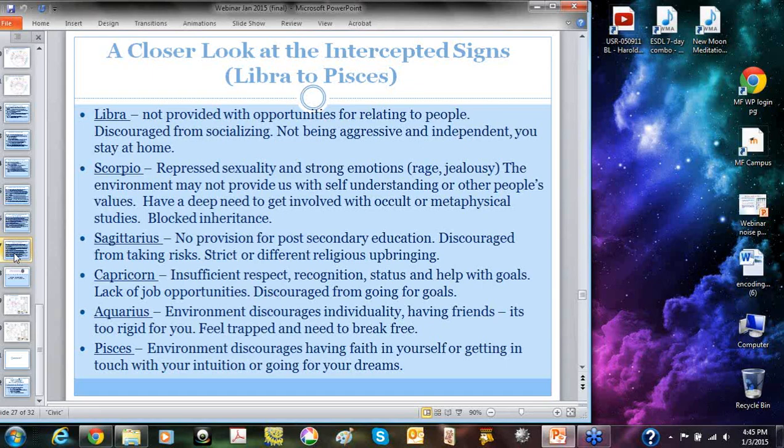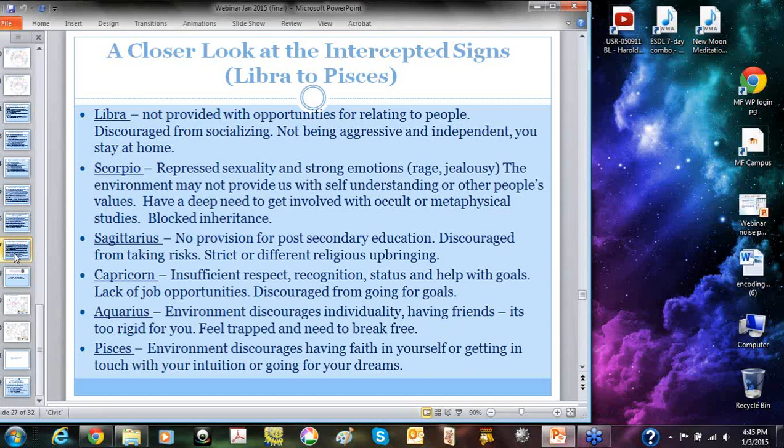In Sagittarius, discouraged from taking risks, or a strict and different kind of religious upbringing doesn't allow for that wide and open expanse that Sagittarius is so often associated with. In Capricorn, maybe there's some kind of discouraging from reaching those goals.